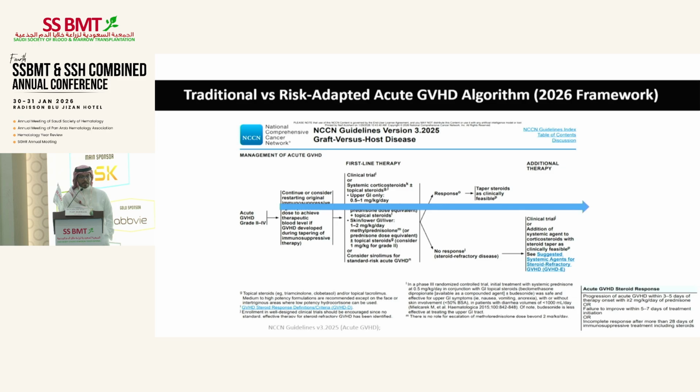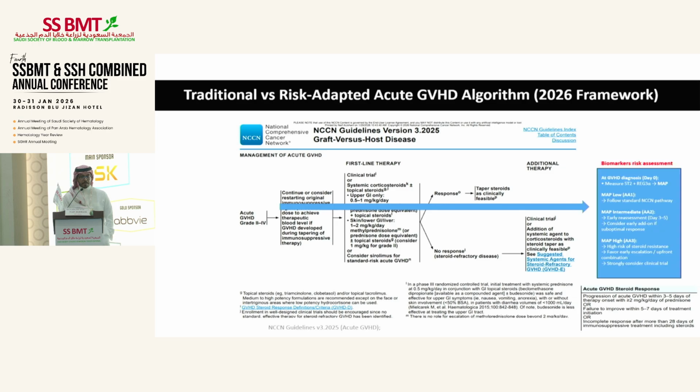So the one I propose might happen in the next few years: maybe the NCCN guidelines can change to include biomarker risk assessment. At GVHD diagnosis on day 0, you will measure your MAP score, and then classify your patient into low, intermediate, or high MAP, as I showed in the previous slide, and follow the updated algorithm.